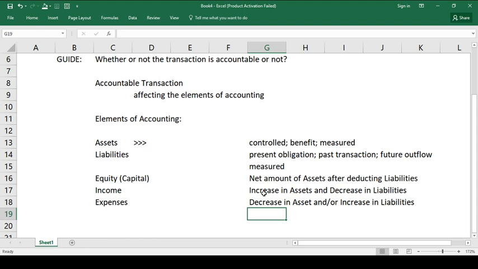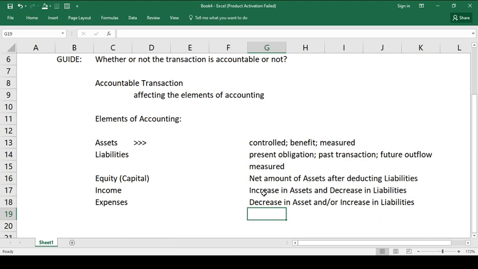So, it can also be said that expenses are those increases in liabilities. But not all increases in liabilities are expenses, because a liability can increase when you add more debt, and that debt is not related to the incurrence, occurrence, or usage of a particular asset. Okay? So those are the elements.